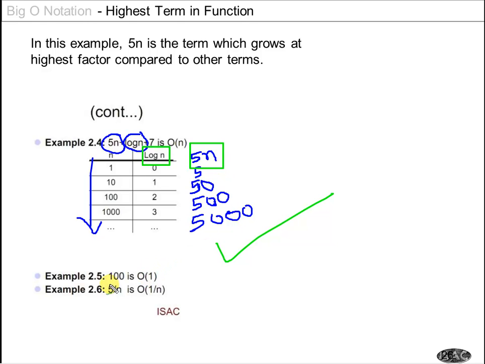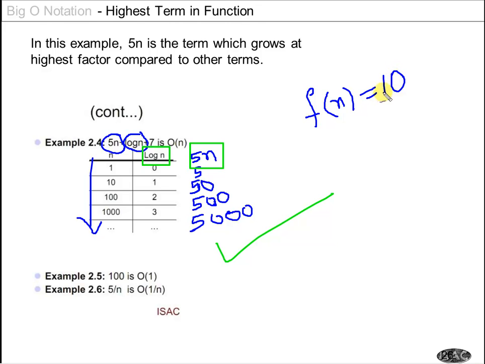Now if a function does not have n, what happens? Suppose you have a function f(n) equals 10. There is no n.